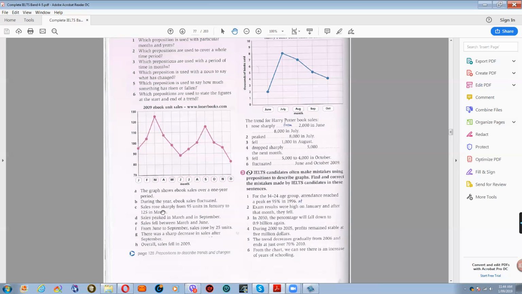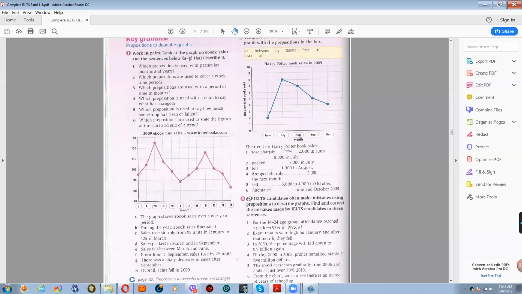Look at C. It also describes time frames. From and to. From, to, yeah.